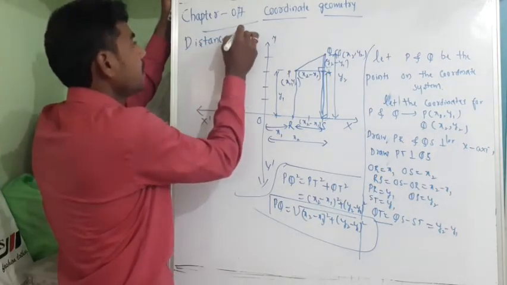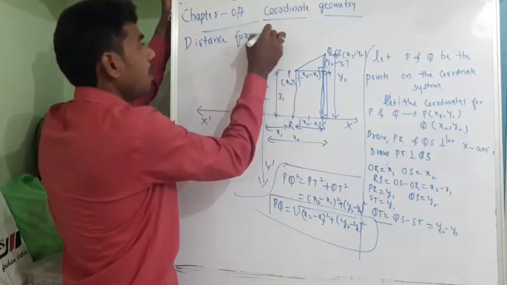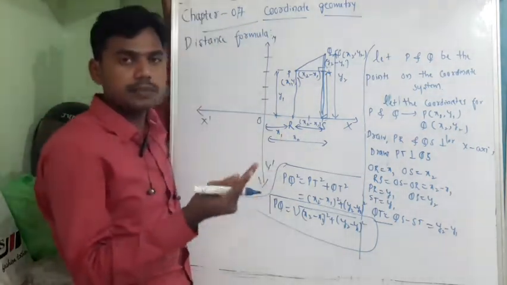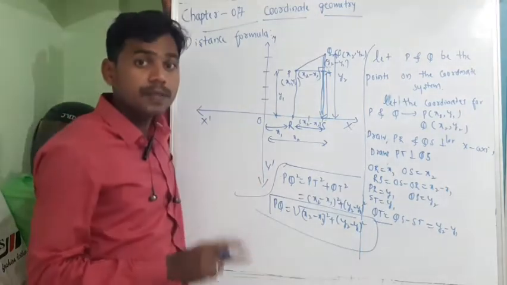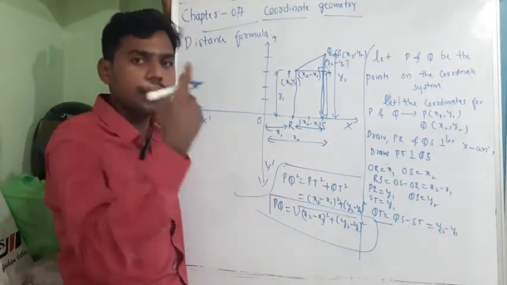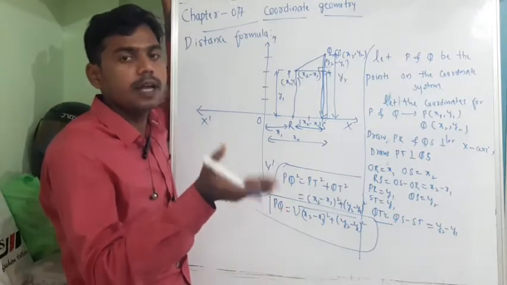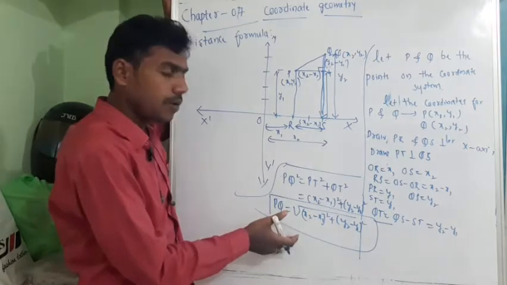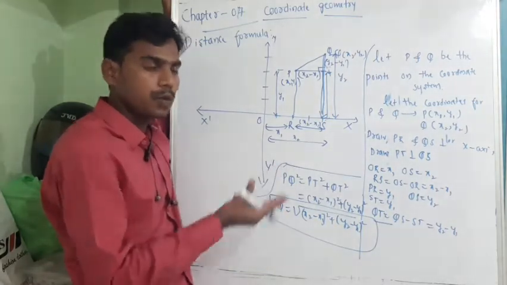Using this formula, we can find the distance between any 2 points. It may be located on the axis, or it may be away from the axis. Easily you can use this formula to find the distance between the 2 points.